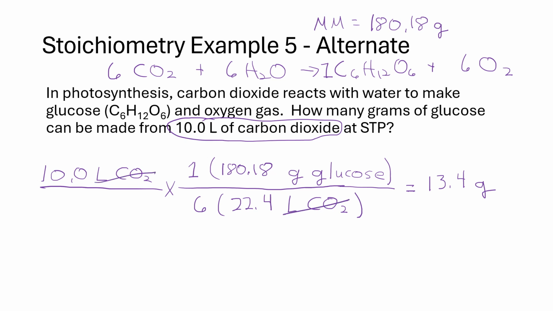The liters of CO2 cancel out, leaving us just grams of glucose. Whew. That was a lot of stuff. As far as which approach you should use, the traditional approach or the alternate approach, it is entirely up to you. You should do the one that makes the most sense to you.